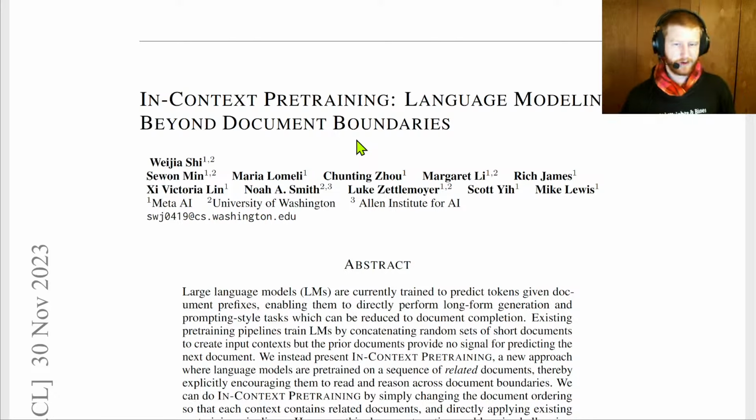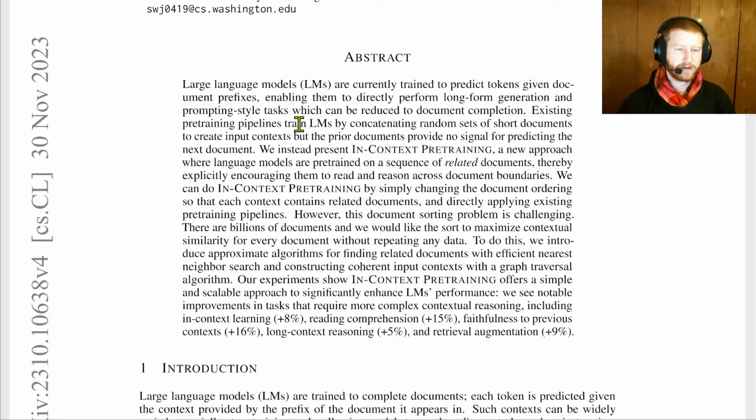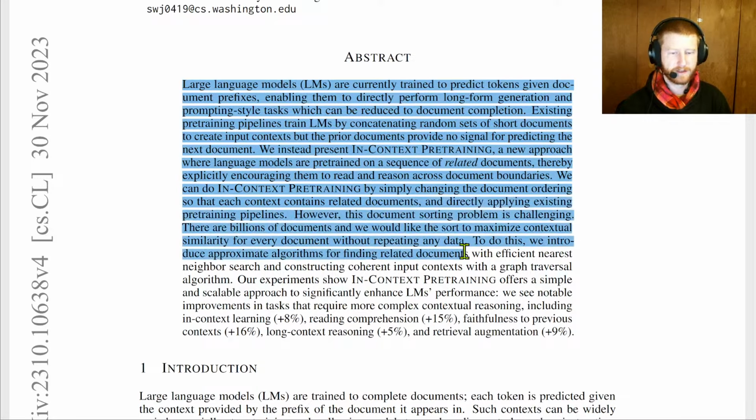Okay, In-Context Pre-training, Language Modeling Beyond Document Boundaries. Large language models are currently trained to predict tokens given document prefixes, enabling them to directly perform long-form generation and prompting style tasks. What this means is we train them one token at a time to predict the next token, and if you feed in two-thirds of an abstract, it's quite likely that the model will be able to complete the text in that same vein.